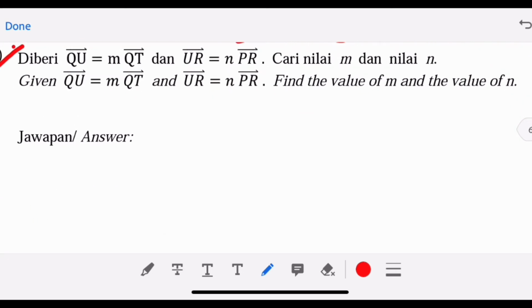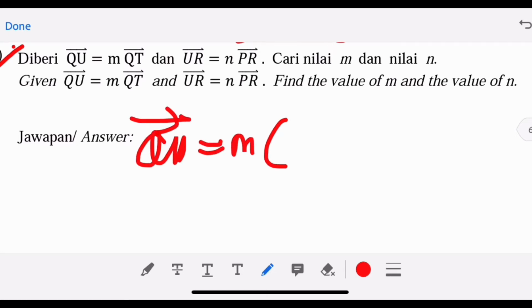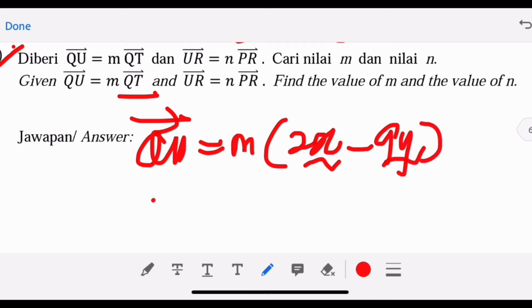Now, given QU equal to QT, we have the answer already. Just now it was 2x minus 9y. And then UR is equal to the vector PR.